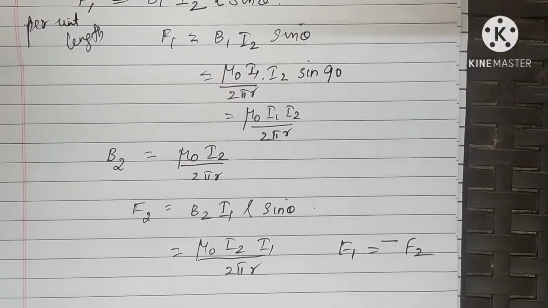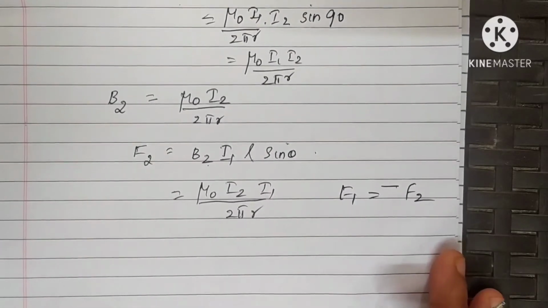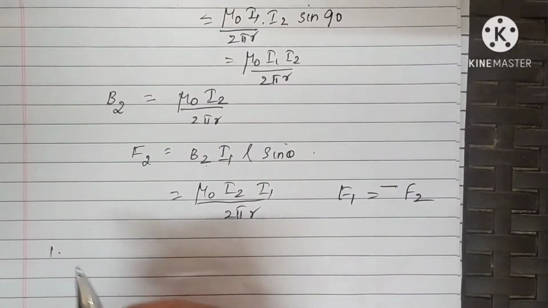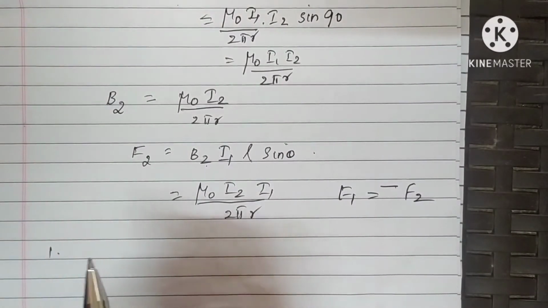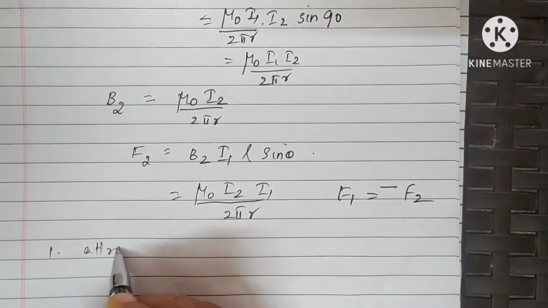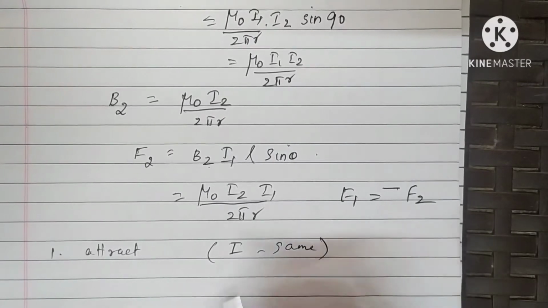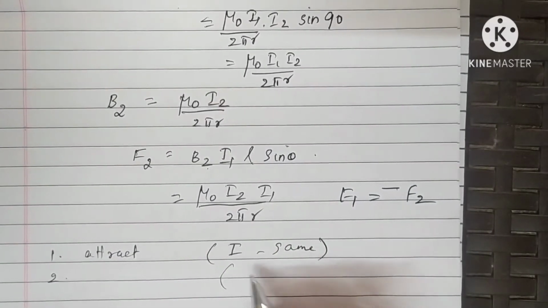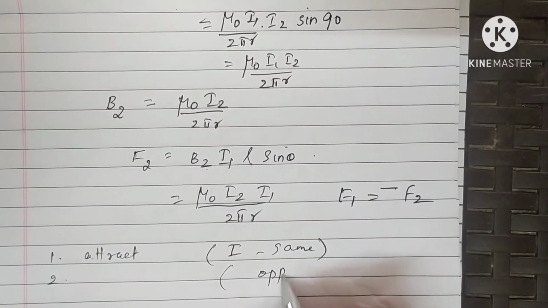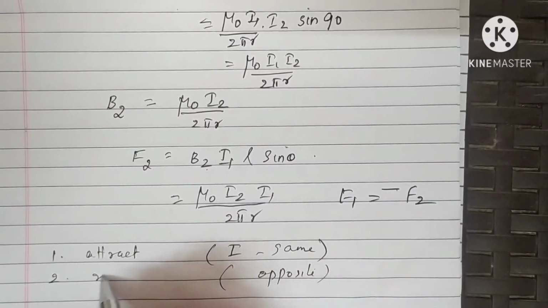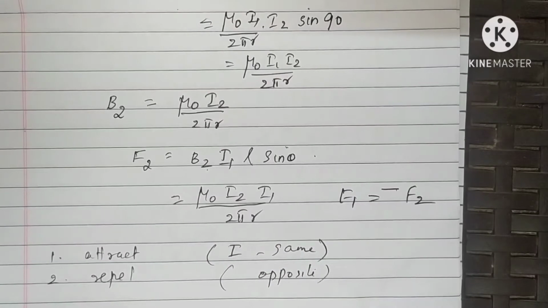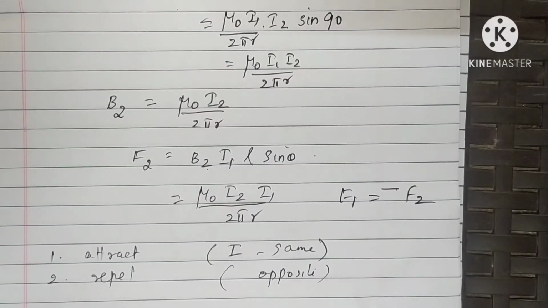And if in any conductor the current is reversed, the forces will be such that the conductors repel each other. Understand? So what are the points that you can conclude here? For two parallel conductors having the current in the same direction, they will attract each other. And if in one conductor the current is reversed, that means the current is in opposite direction for both, then they will repel each other. Okay, these two are the points.